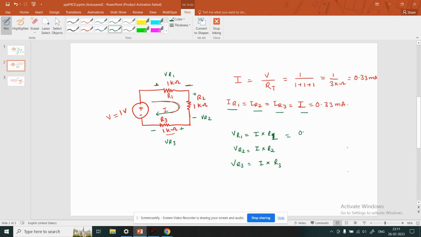So we see here the value of I is 0.33 milliampere multiplied by the value of R1, which is 1 kilo ohm. So we can see that the voltage drop across this one will be 0.33 volt or 330 millivolt, and the voltage drop across VR2 is basically the voltage difference between these two nodes.